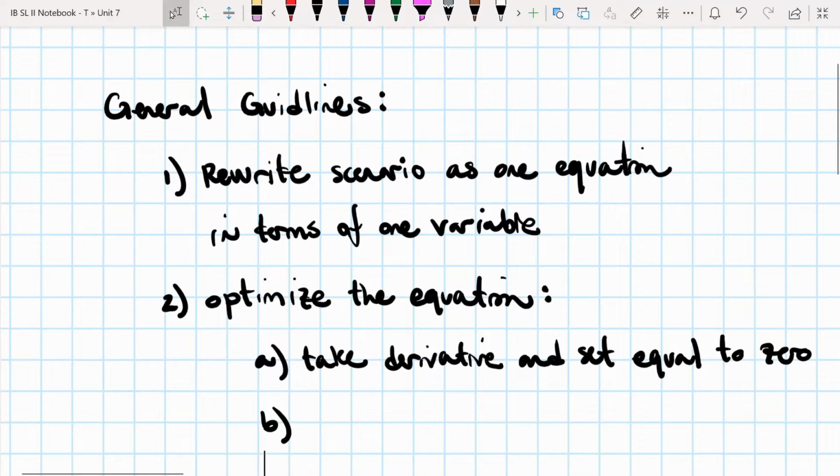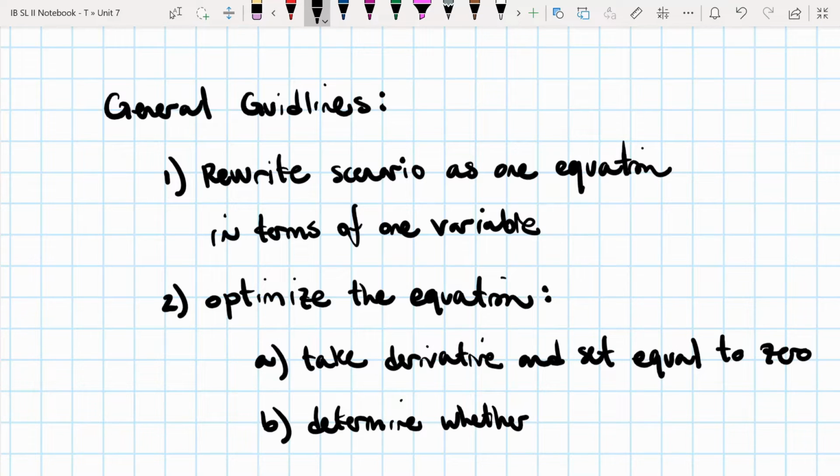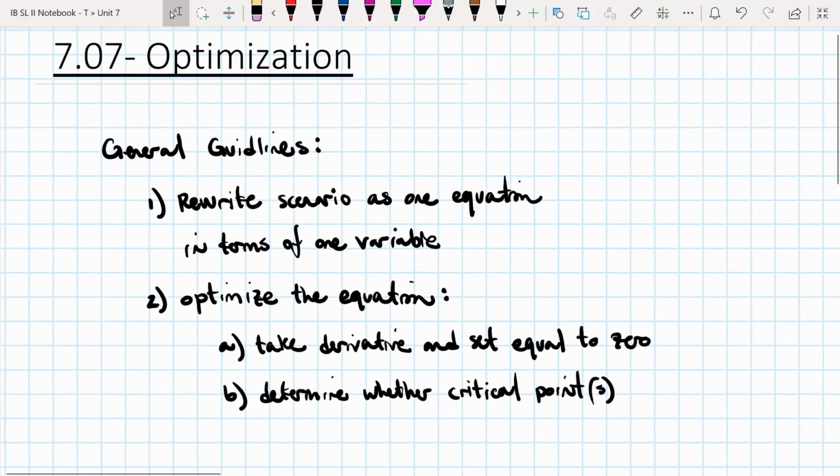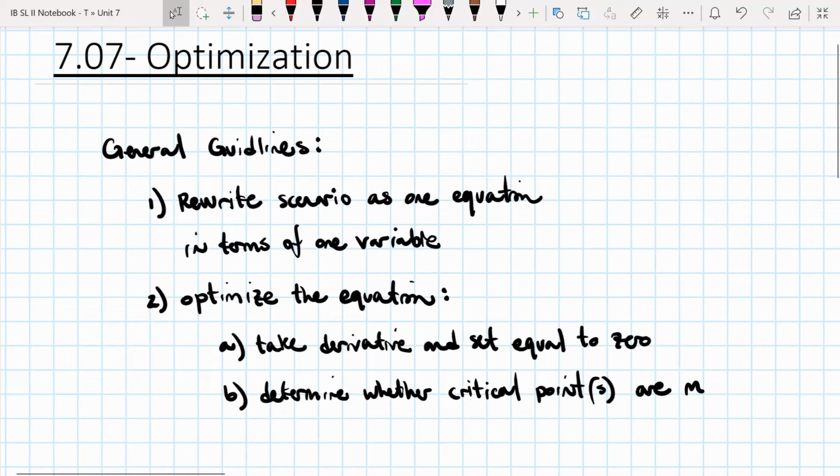And then from that we determine whether the critical point or points are maximums or minimums. If we want to find a maximum of some scenario, we take the relative or absolute maximum. If we want to find the minimum, we take the relative or absolute minimum.